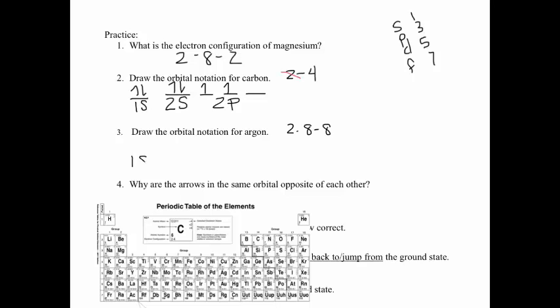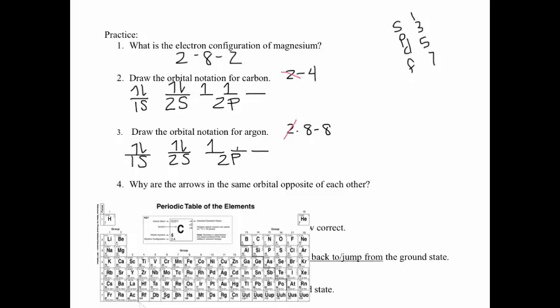We start with the first, s, fill in our 2 electrons. We're done with the first principal energy level. We can move to the second, again starting with s, 2 electrons. We still have 6 more to place, so we're going to move on to p, which has 3 orbitals.